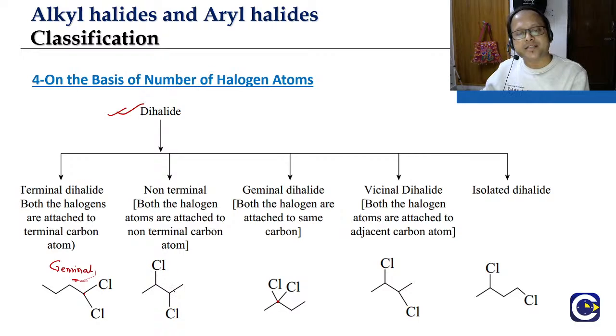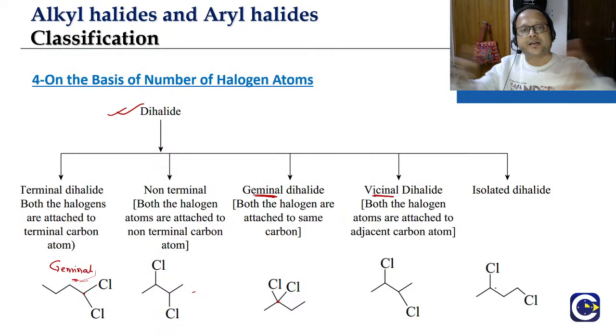Now if they are on adjacent carbons, then they are vicinal, right? See, vicinal. Both of them are, and here it is geminal, right? Acha. And isolated when they are at least one carbon away, and they can be further apart.